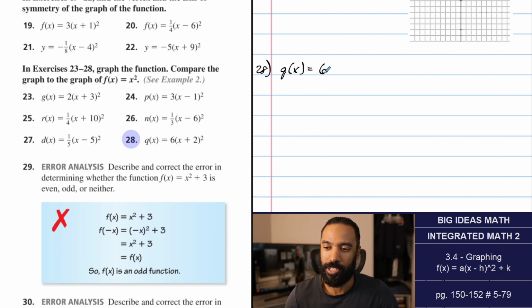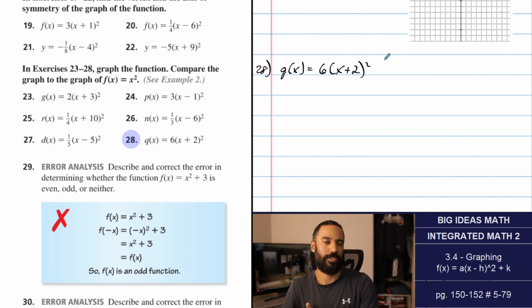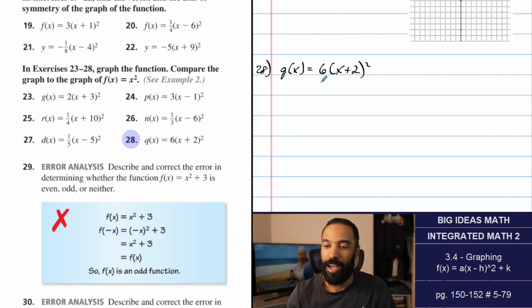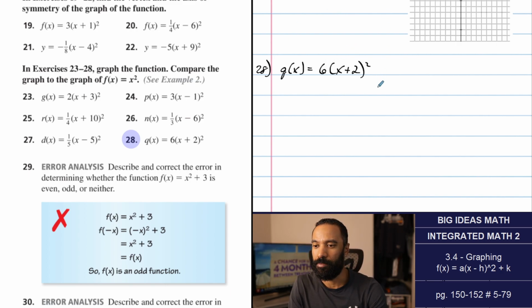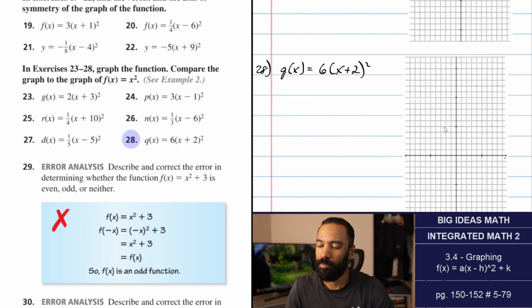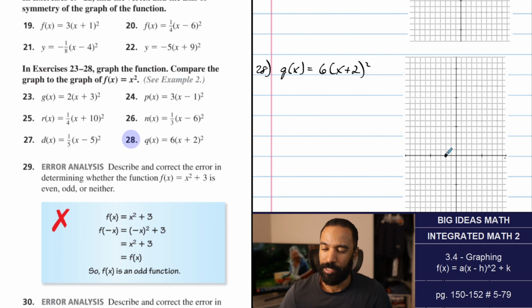Q of x equals 6 times x plus 2 quantity squared. And once again, none of this has to do with even or odd functions, especially because these are even functions, or neither even nor odd. So they just threw that in there. Vertex is at negative 2, 0. Vertical stretch of 6. Wow.